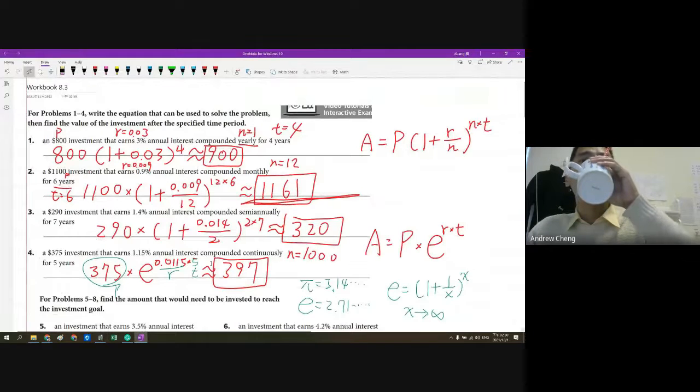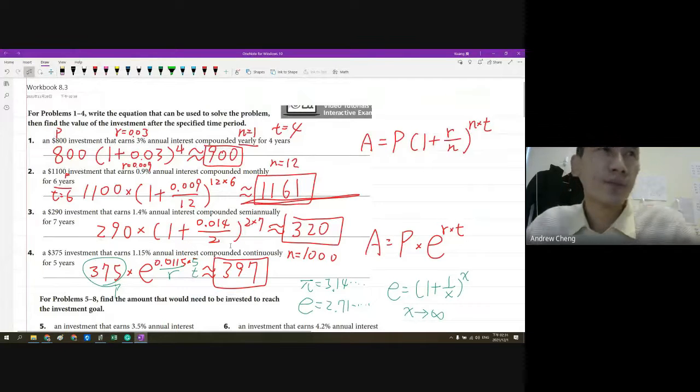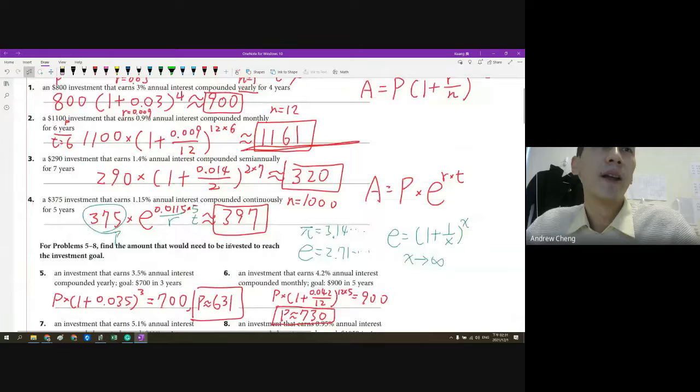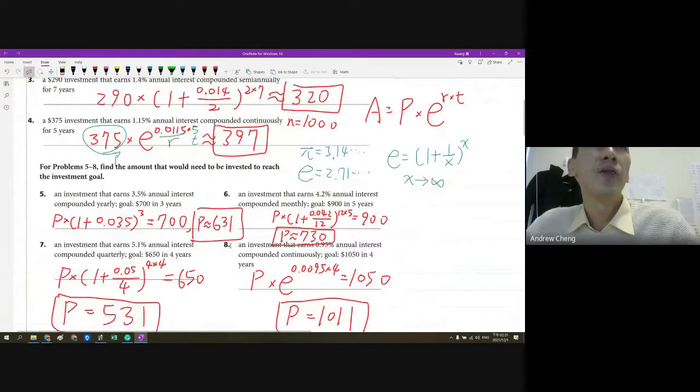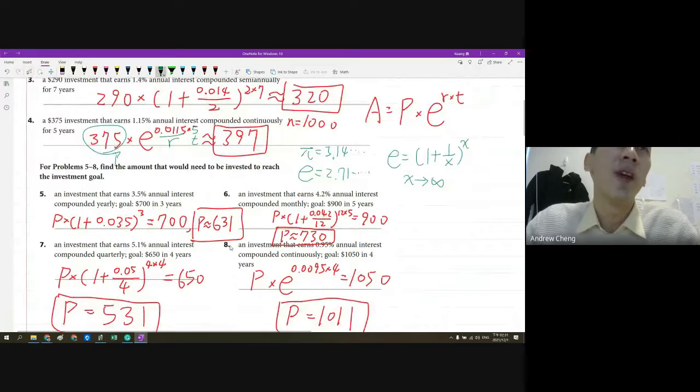All right. So that's the first 4 questions. For questions 5 to 8, what variables do we have? We have P, we have the amount, we have N, we have T. What else do we have?